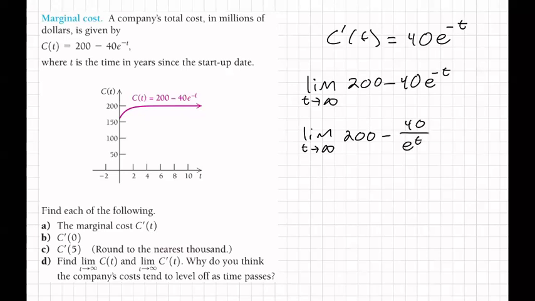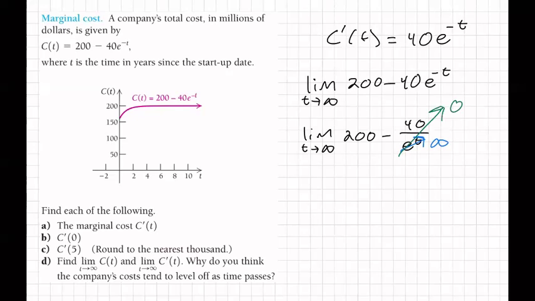Now, the reason I'm changing it is, one thing I briefly talked about is that anytime you're dealing with a limit at infinity, this is definitely something you like to see, because as t goes to infinity, e to the t is going to just keep getting bigger forever. The whole fraction itself is going to go to zero.